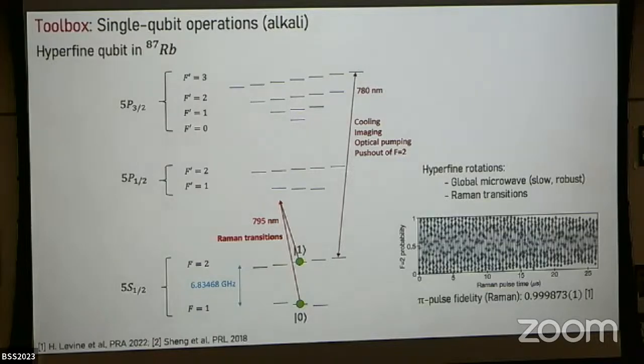Yeah, so this is an example of the Rabi oscillations that you can get when you do it with Raman. I think there's a factor of 10 if you do it with microwave. It's 10 times lower. But I think this is one of the highest pi pulse fidelities that people have seen using Raman transitions. The state of the art, the highest ever seen, has been done with microwaves.